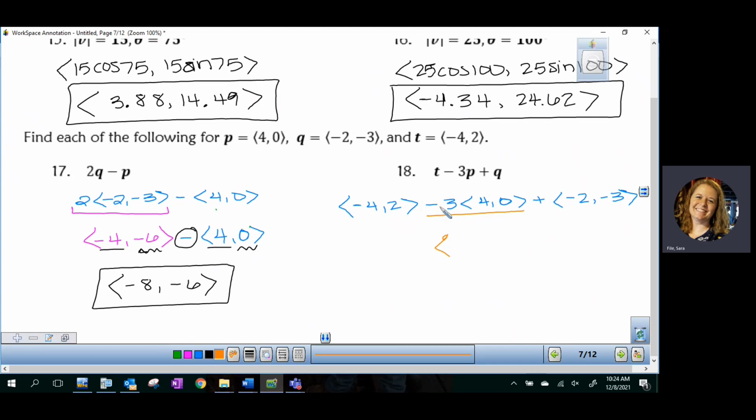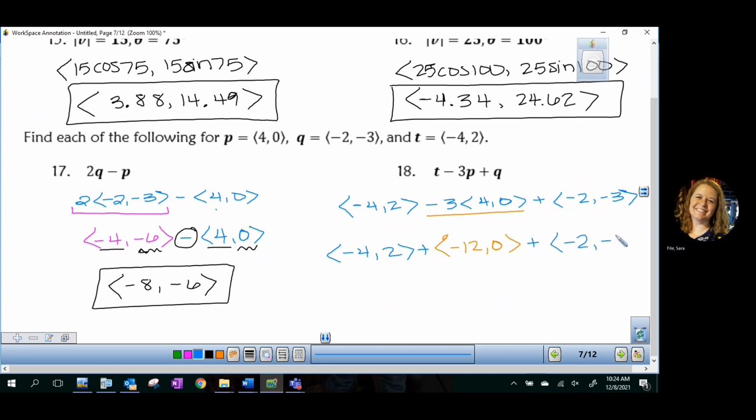So the -3 times the 4 and the 0. So that's -12, 0. So that means now that is all being added together, because I already used the negative, the minus that was there. So now that horizontal components are all being added.